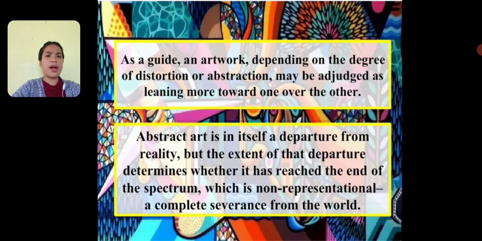Abstract art is in itself a departure from reality, but the extent of the departure determines whether it has reached the end of the spectrum, which is non-representational art, a complete severance from the world.